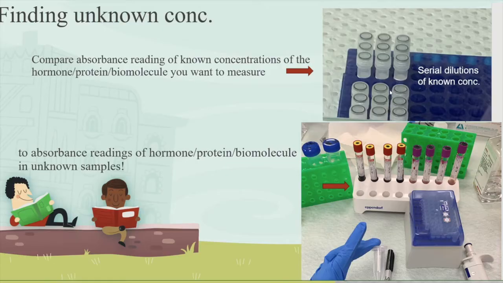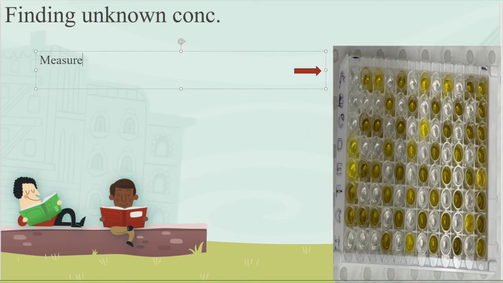So say you've got particular hormones in blood from an experimental group, and you want to know what the concentrations are after putting it under different experimental conditions. One way to approach it is to make several dilutions of the particular hormone or protein that you're trying to measure, and then measure the absorbance of it.